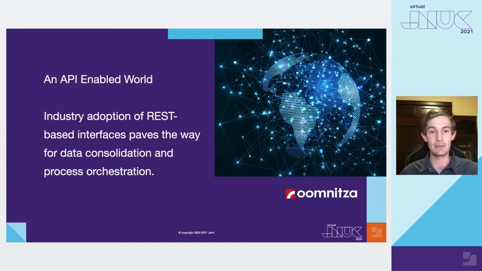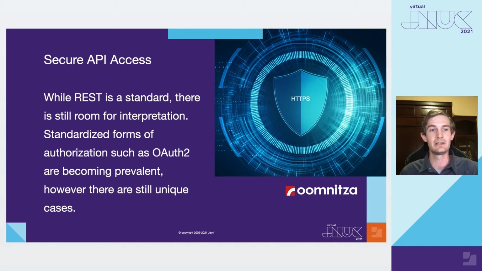And when you're looking at multiple systems, correlating that data can be extremely difficult given the variations in structure of data. By the industry adopting these REST-based interfaces, we have the necessary connection points to start orchestrating our lifecycle, collecting data, and pushing data and changes back into those underlying systems.